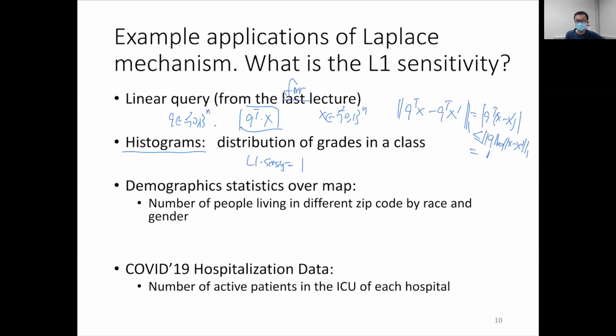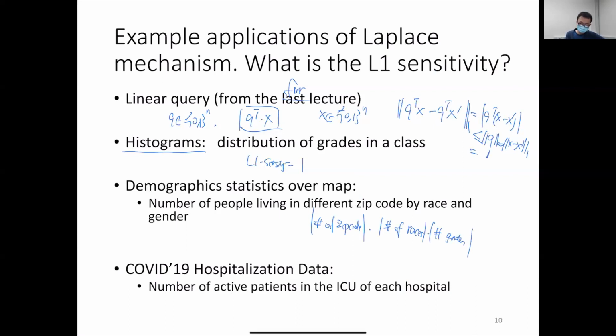First of all, what is the dimensionality of this output? It's the number of zip codes in Santa Barbara multiplied by the number of possible races and the number of genders. Yes, that's the output space.